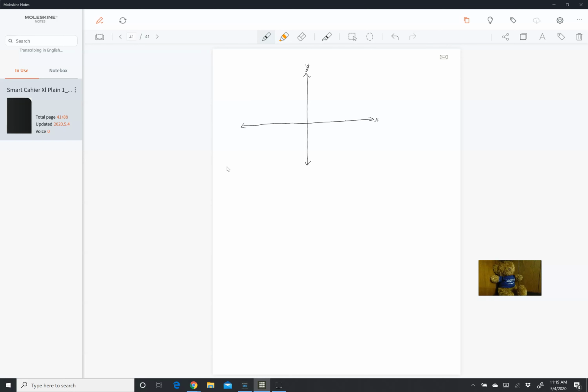So we know that in the unit circle, we have the coordinate 1, 0. We have the coordinate 0, 1. We have the coordinate negative 1, 0. And we have the coordinate 0, negative 1.